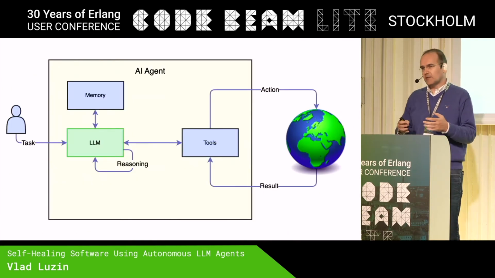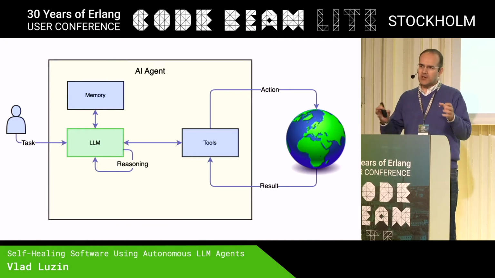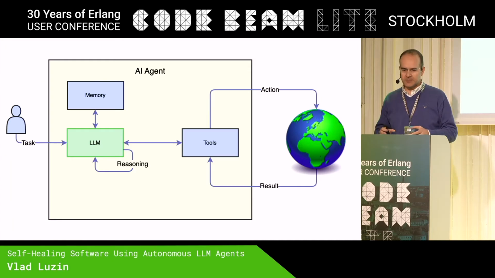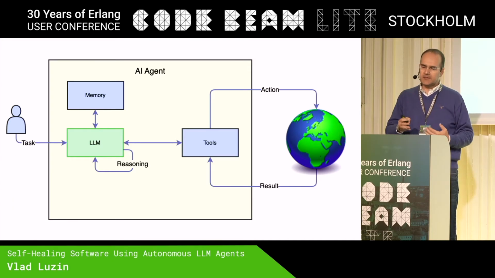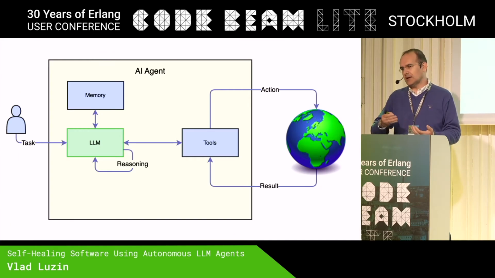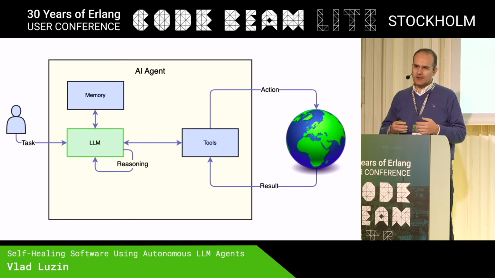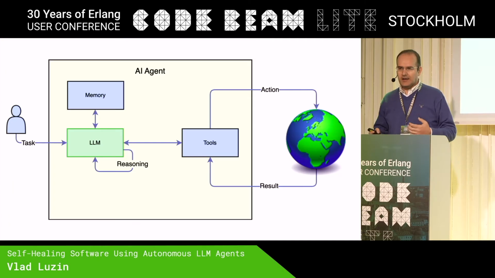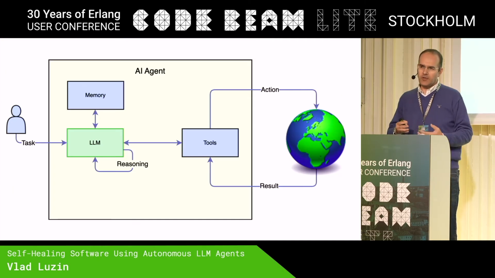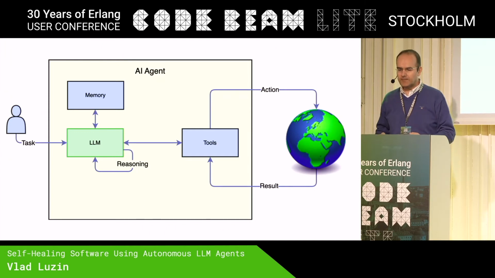So if we look at these agents and zoom in, what are the major architectural components? Obviously, we have the large language model that receives text as input and produces text as output, and it's responsible for the reasoning part, basically completing the task and figuring out what needs to be done. It has to be paired with memory, so the LLM has a memory of what it's done and can adjust its reasoning accordingly.